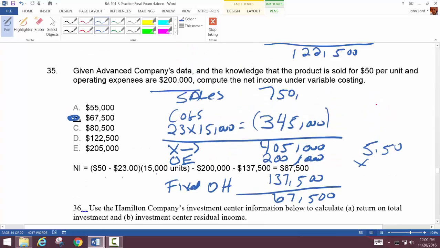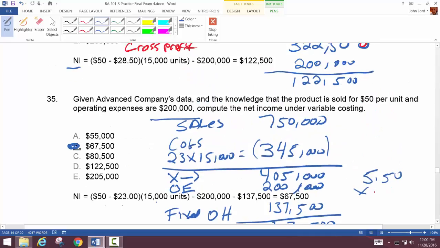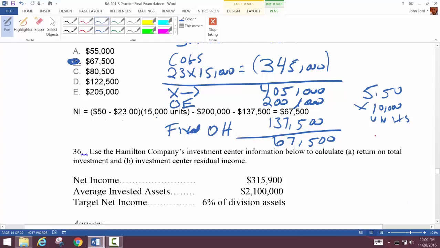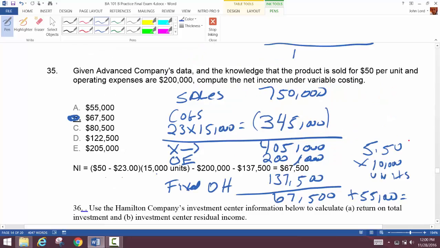It's 10,000 units that are still sitting in inventory, right? I get 550 times 10,000, 55,000? And if I add that 55,000 back to my absorption, I should get 122,500.